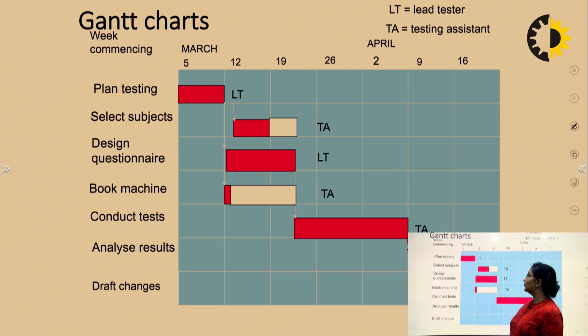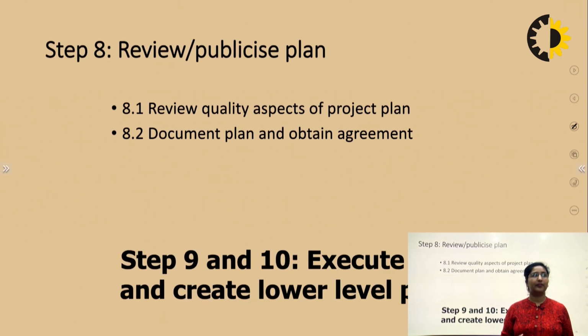As we can see here, all the time frames are fixed, and if any particular activity is lapsed, then we can show it on this Gantt chart also. If the activity is not completed within that time period, we can easily see where that particular assignment is missing.